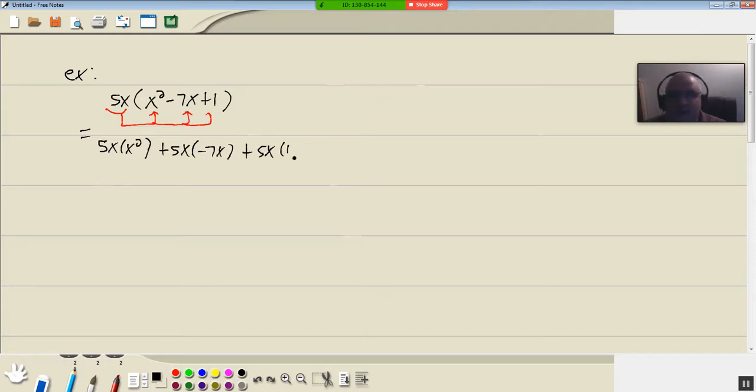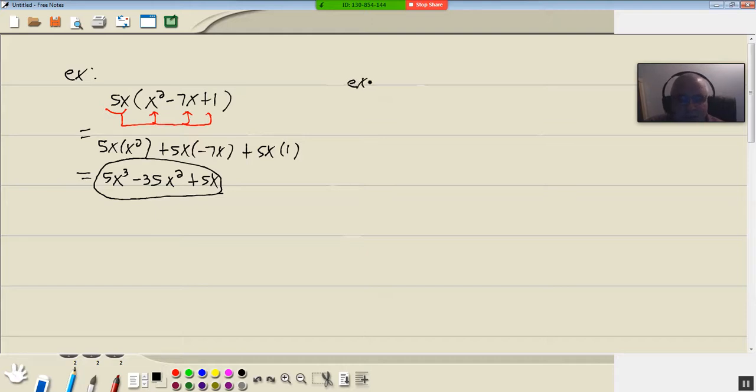And you got 5x times 1. Now 5x times x squared is 5x to the third. 5 times negative 7 is negative 35. And x times x is x squared. And 5x times 1 gives us 5x. Okay, so that's just kind of what we've seen before.